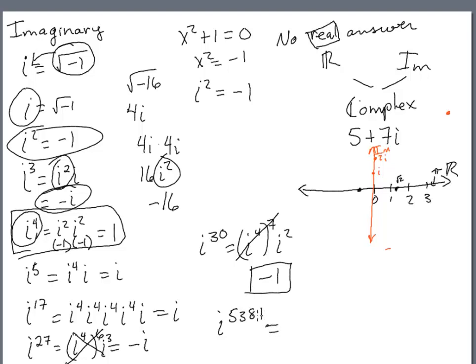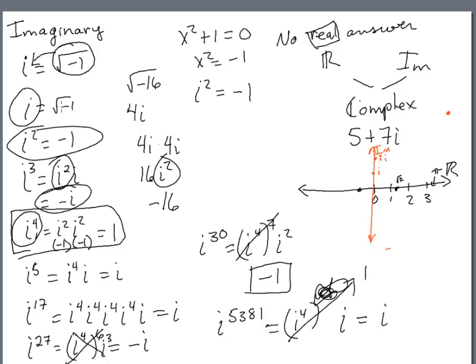Well, if you took 5,381 and you divided by 4, you would get some number, remainder 1. And so this is going to be i to the 4th to something, I don't know what that is, but you have one guy left over. That all goes away to 1, and so it equals just i.